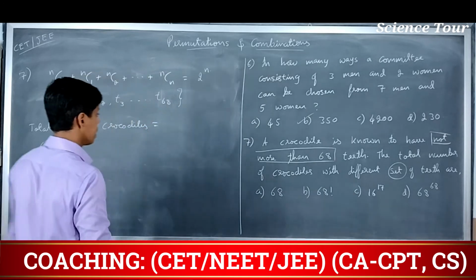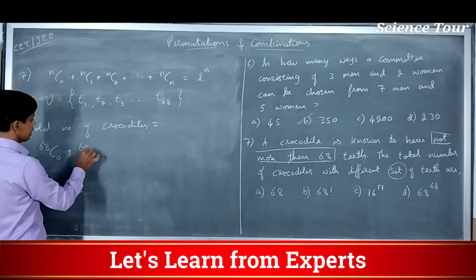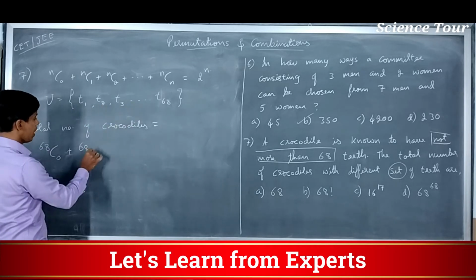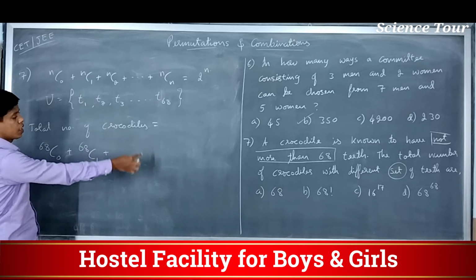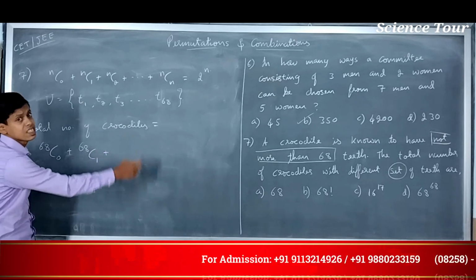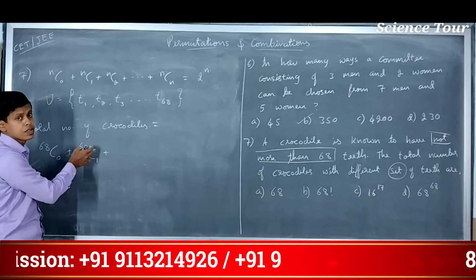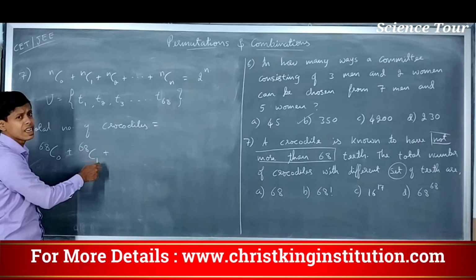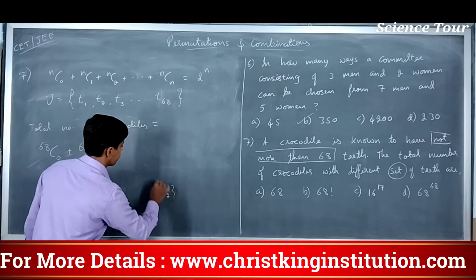And how many crocodiles with one tooth? 68. Out of 68, you have to select any one. You can take T1, you can take T2, you can take T3. Singleton sets, how many possible? 68C1. Out of 68, you have to select one at a time to form the singleton set.